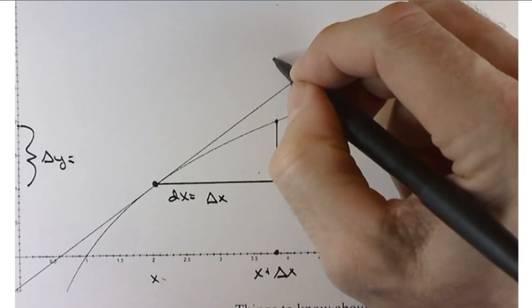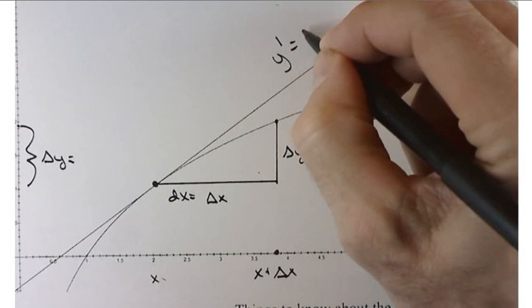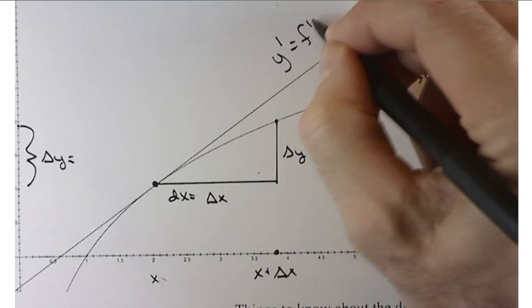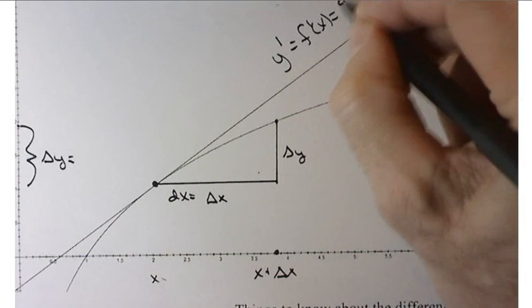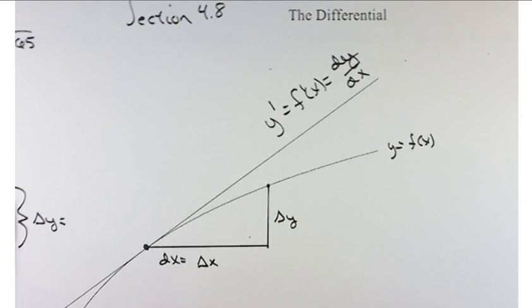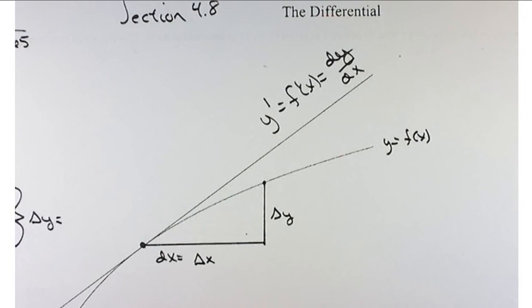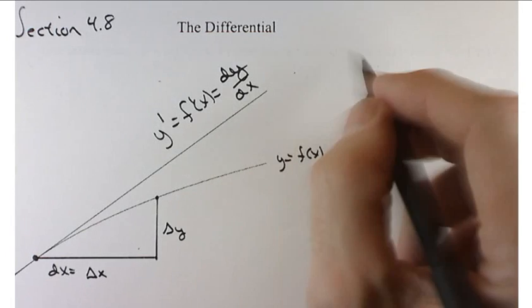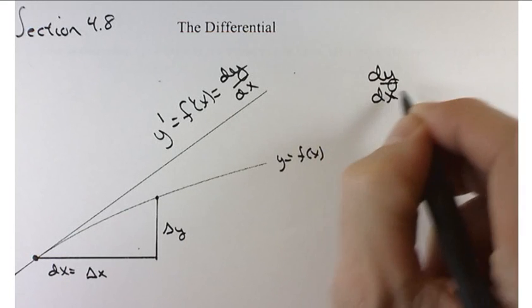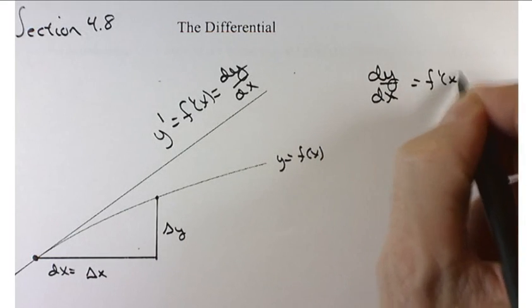Well, let's see. We got y prime is equivalent to f prime of x. We also go with another notation. It's dy by dx. So let me move over here a little bit and discuss this derivative notation. Of course, this derivative notation goes back to Leibniz. dy by dx is f prime of x.